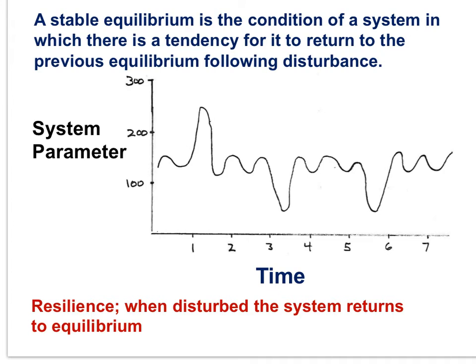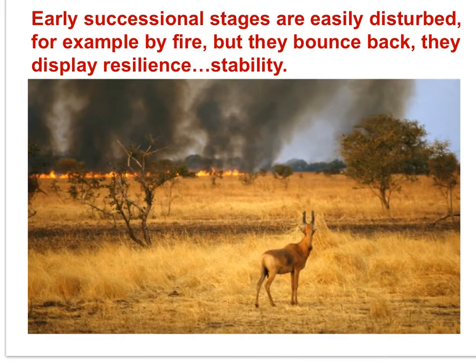Despite the strong disturbances, the system returns to equilibrium, a steady-state equilibrium, over an extended period of time. The small size of the storages in pioneer stages increases the resilience, which provides stability. The grassland will bounce back from disturbance. Early successional stages are easily disturbed, for example, by fire, but they bounce back.